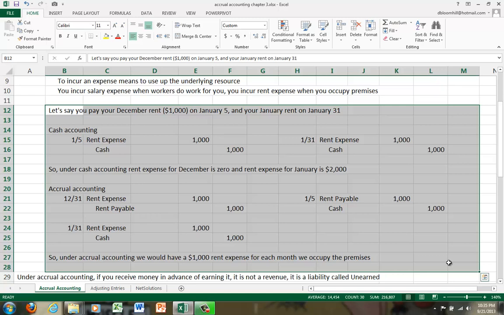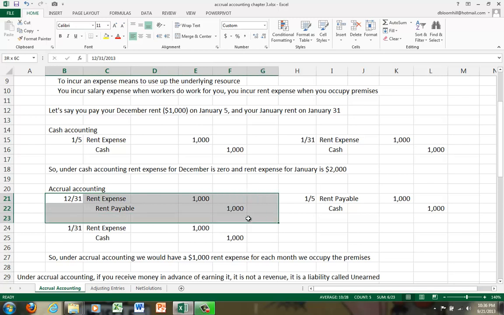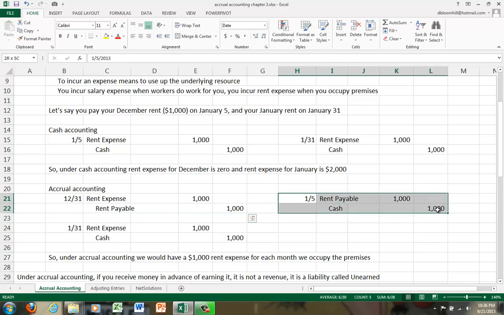You can see here that under accrual accounting, as of December 31st, we would recognize that we occupied premises for 1 month and hadn't paid it yet. So therefore, we owe that $1,000 of rent. So this is the adjusting entry that we would do at the end of December. Then, on January 5th, instead of having a new rent expense, we'd be basically paying the landlord the money that we owe for the month of December.